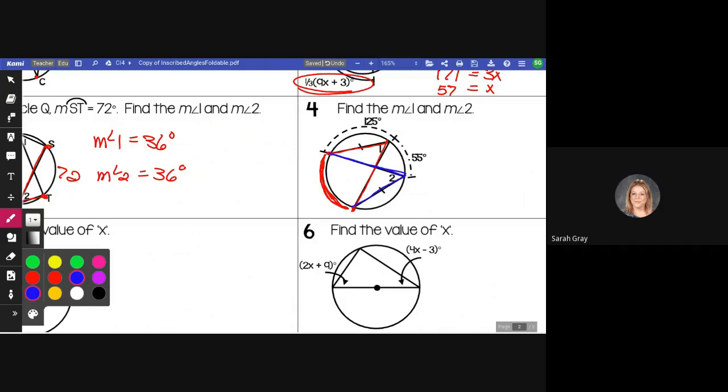So that tells you you really don't need to find both angles. You just need to find one of them because they'll be the same because they open up to the same arc. But we don't know anything about the angle measures. We only know about arc measure right now.